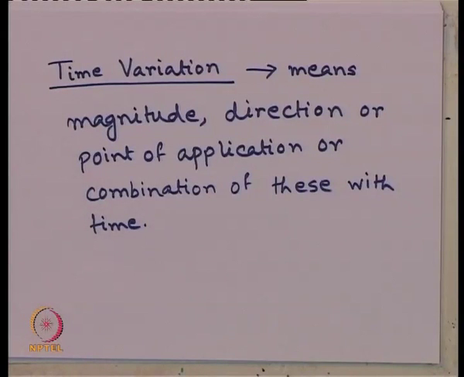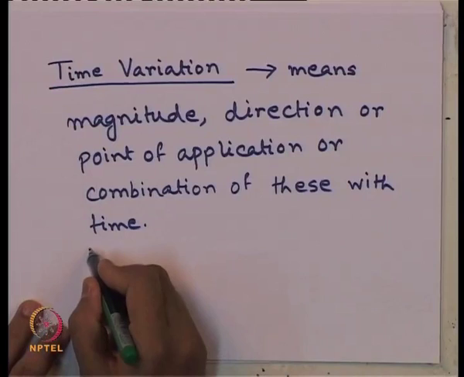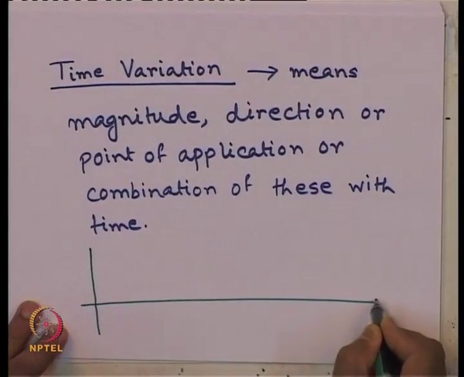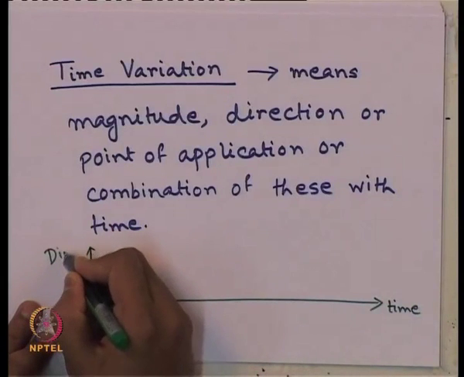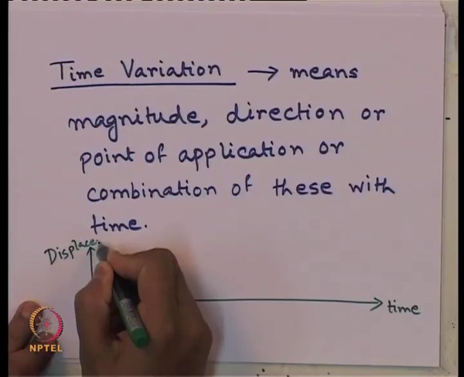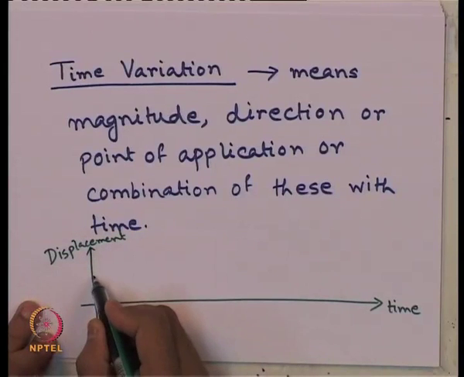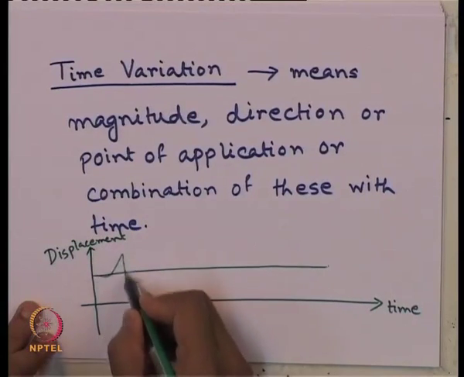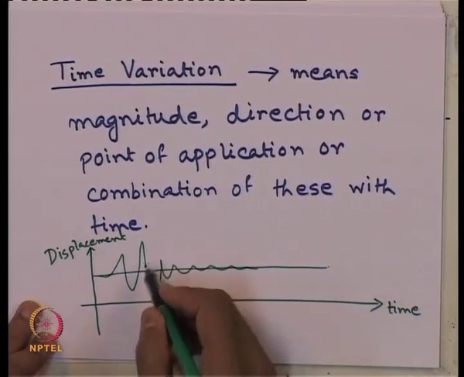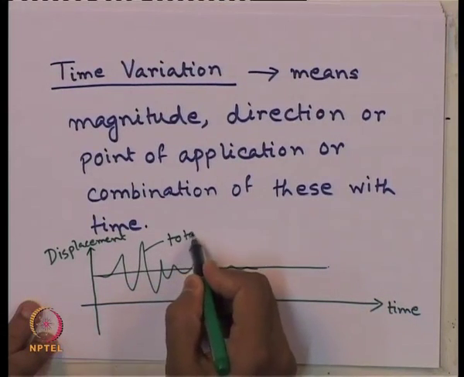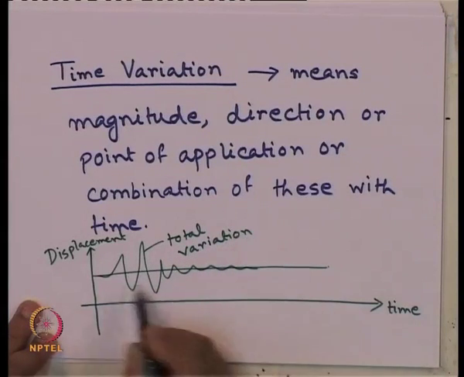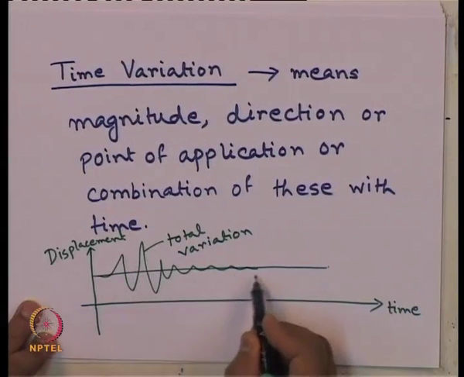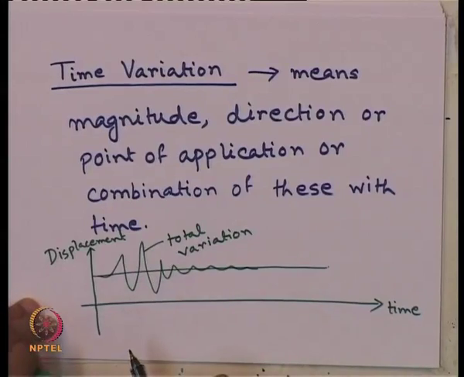When we are combining the two effects, as I have mentioned just now, the variation with respect to time for the displacement will be something like this as the total variation, in which this constant line is for the static problem and this variation with respect to time is for the dynamic problem.